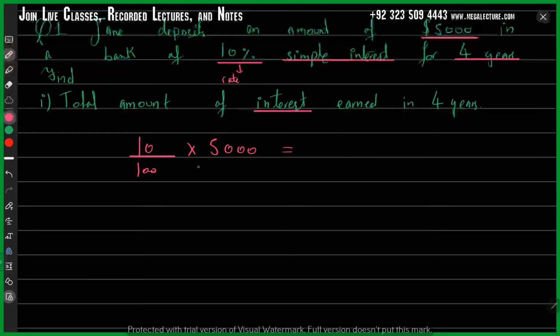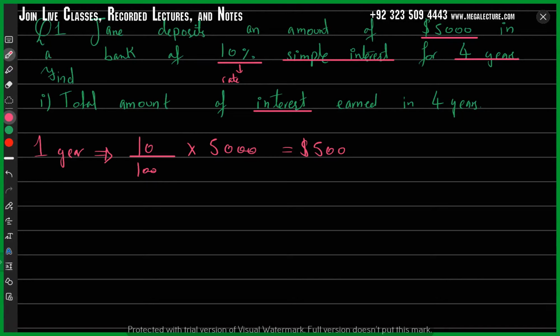So the zeros would be cancelled, and this is going to give you $500. This is only for the first year. Now we know that the interest amount is the same every year for simple interest.